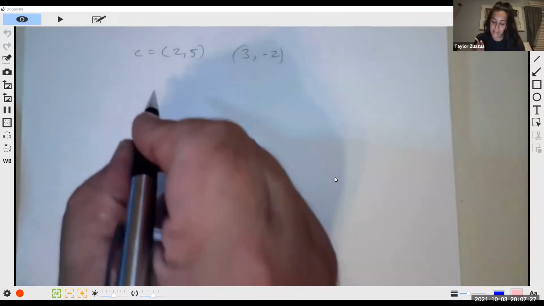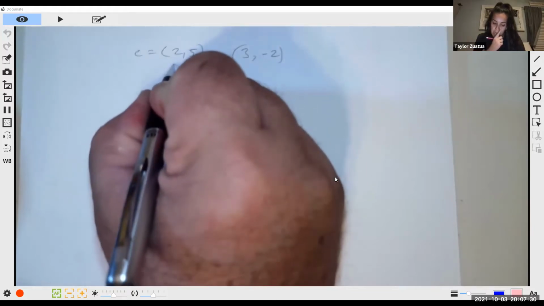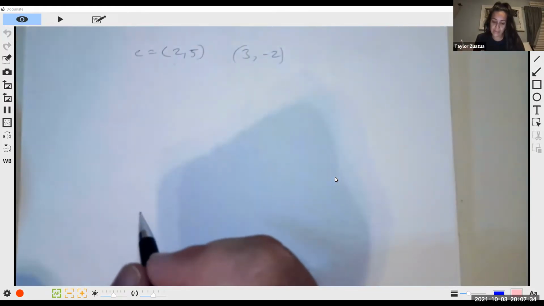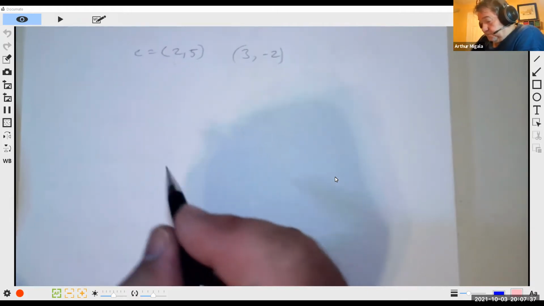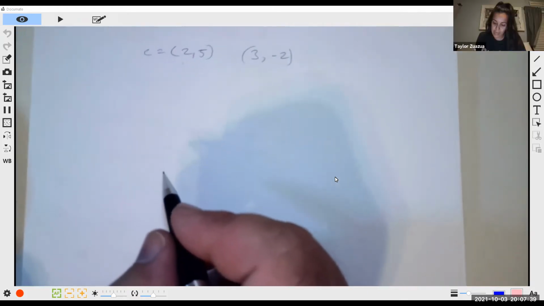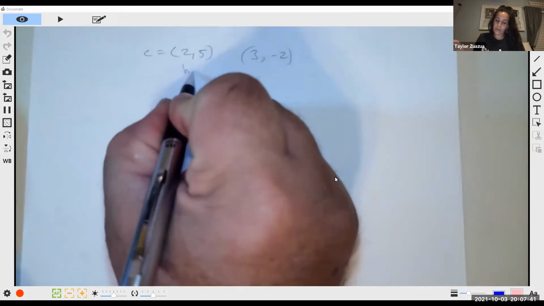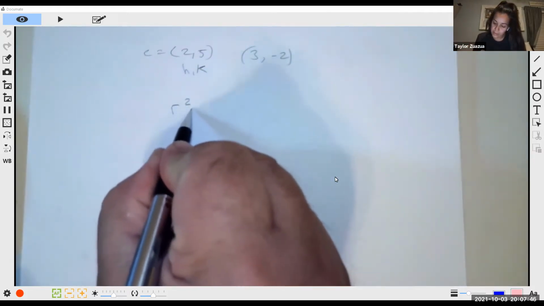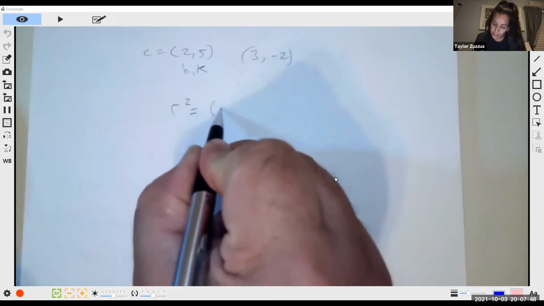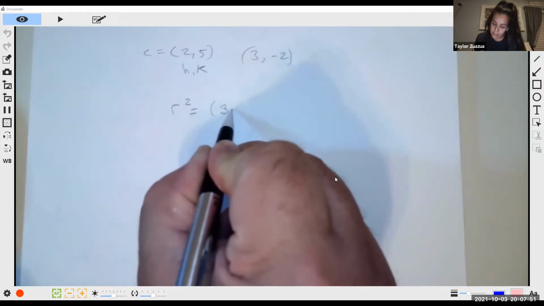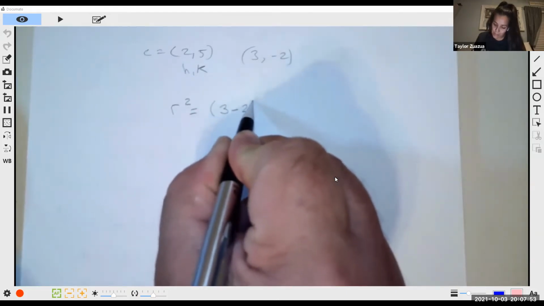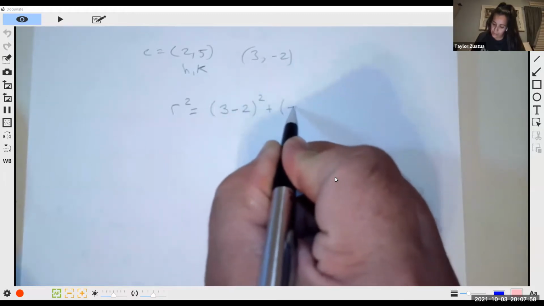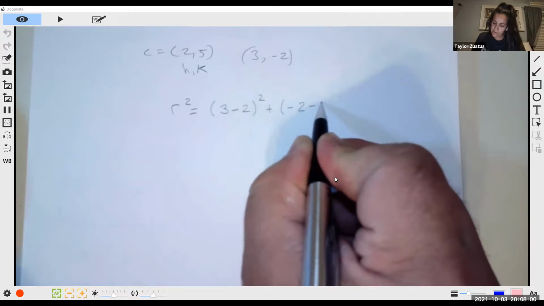Okay, so I have the center is (2, 5), and the point is (3, -2). So this is my x and y, and the other is my h and k. So you use r squared equals (3 minus 2) squared plus (-2 minus 5) squared.